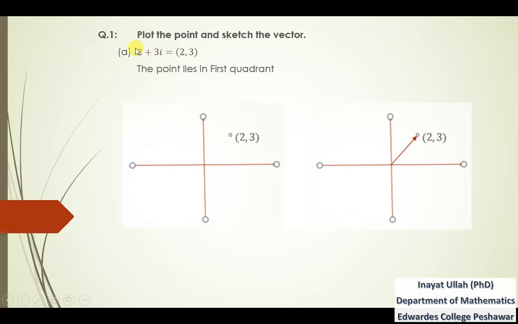If the real part is 0, we will be taking 3 units along the y-axis only, so that point will be there, and draw a vector from here up to there, which is the Argand diagram for that point. Anyways, that is the technique to plot a complex number as a point and sketch it as a vector.